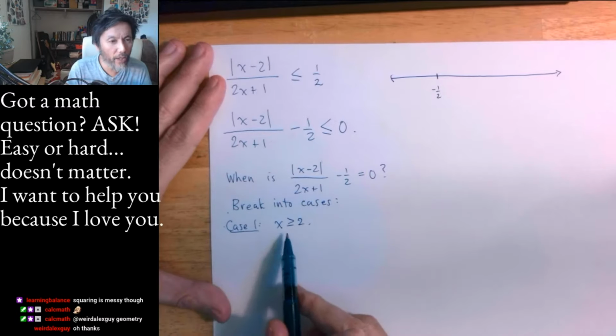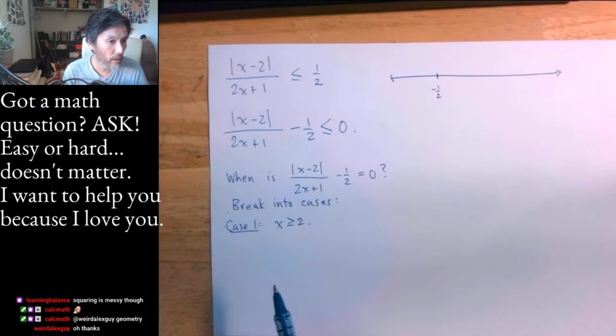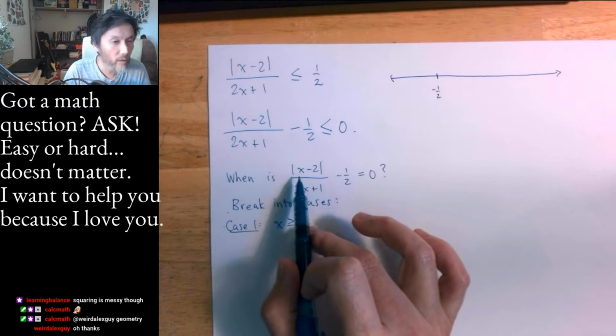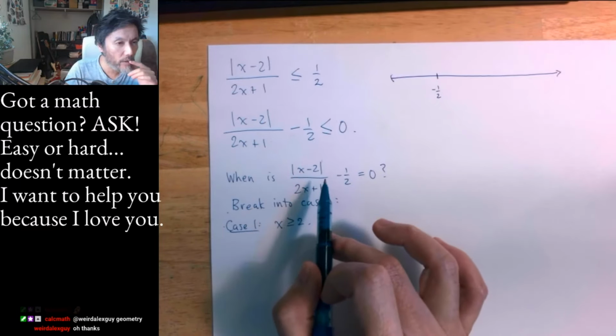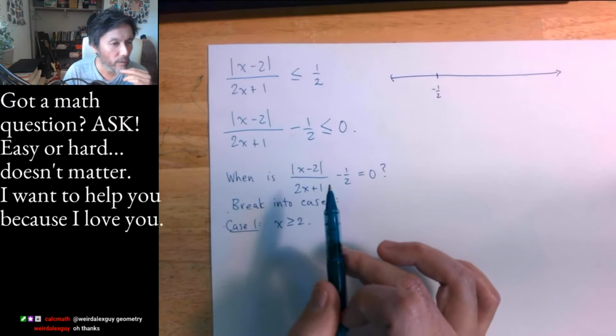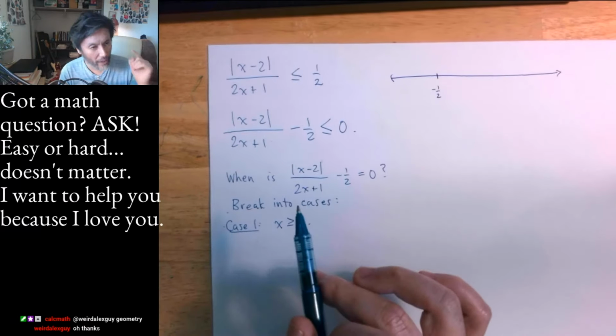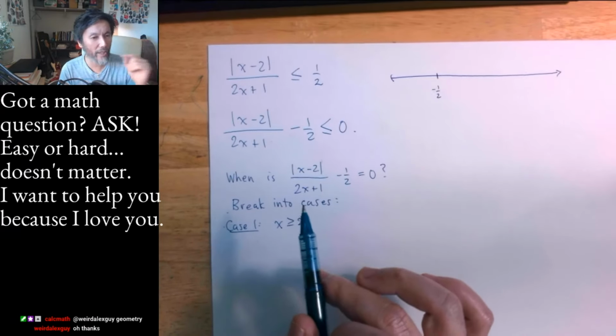So what is true if x is greater than or equal to 2? Well, what's true is that x minus 2 is non-negative, right? So the absolute value of x minus 2 is x minus 2.